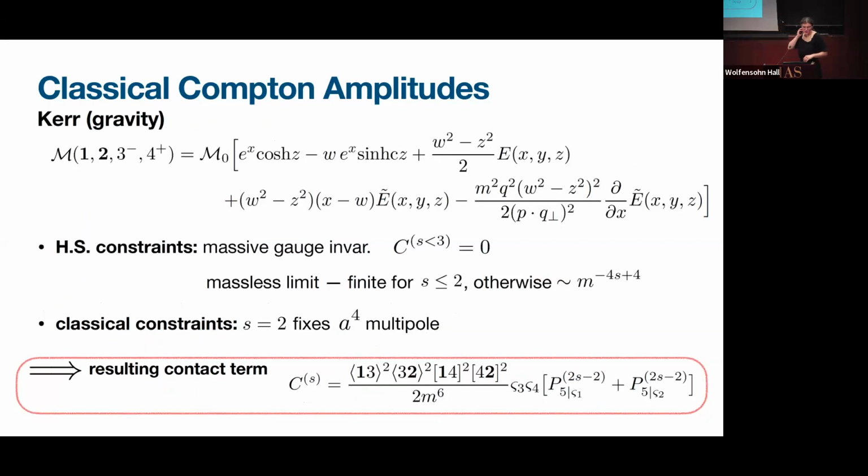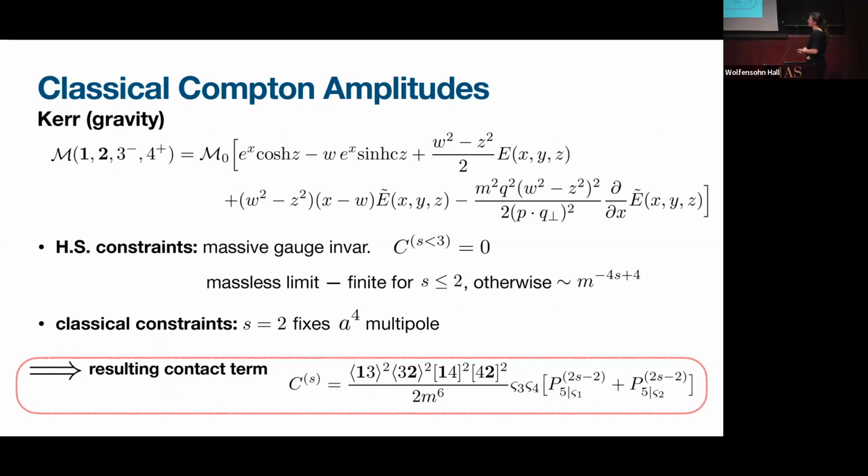Now, let's go to Kerr, because we have maybe more to say. Likewise, for Kerr, we can take our 4-point amplitude, we constrained it with the highest spin constraints, and we'll just add one more constraint: we want to fix the a to the 4 multipole by comparing to the scattering of fixed spin 2 states.